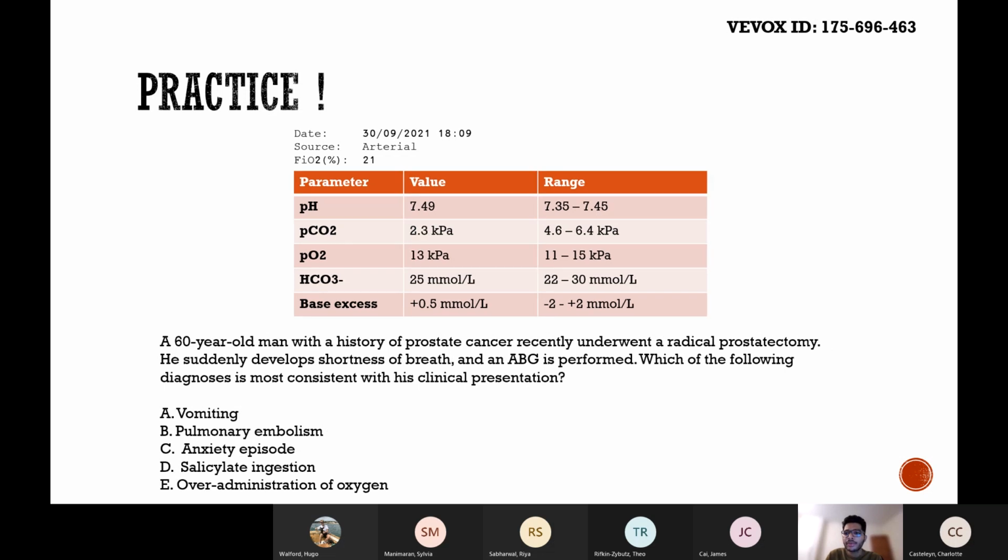Let's have a look at this one. This one's slightly more tricky. Any ideas?